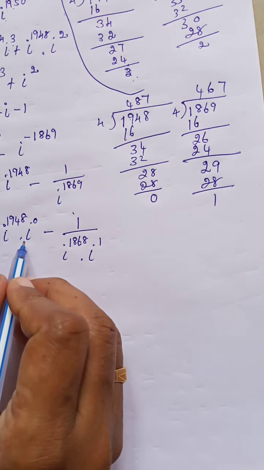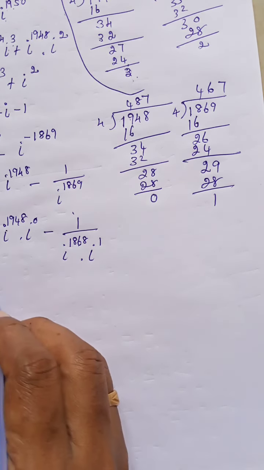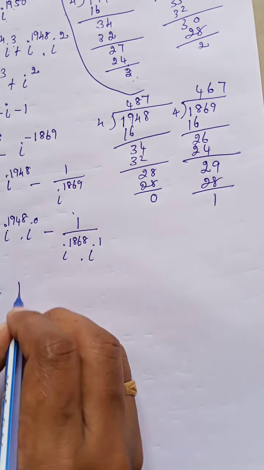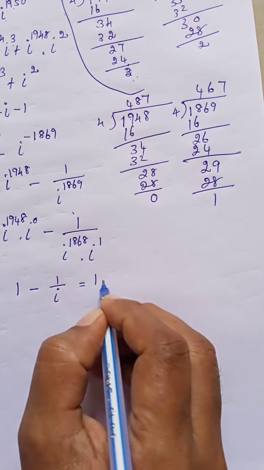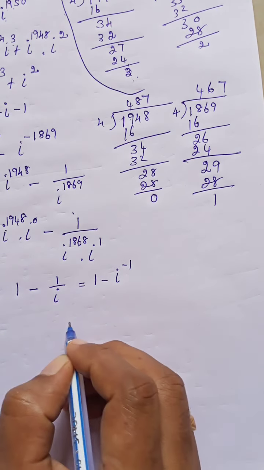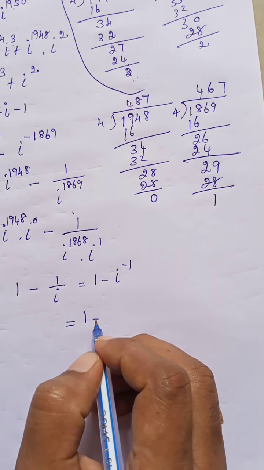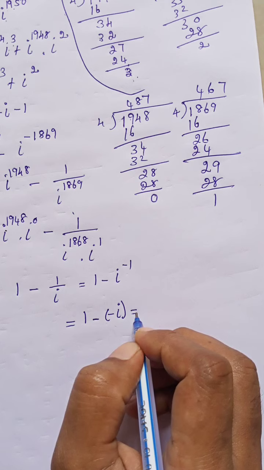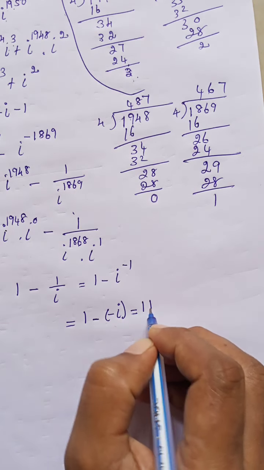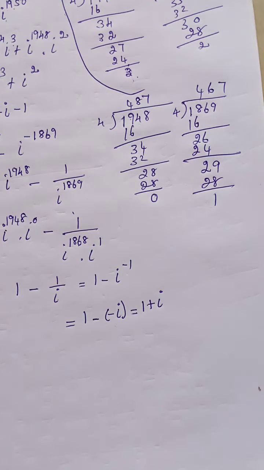Even without writing directly, you can write i power 0 minus 1 by i power 1. Okay. See, i power 0 is 1, minus 1 by i. Or even this is 1 minus i power minus 1. i power minus 1, what is the value we have found out? That is minus i. So we will get 1 plus i. Is that clear? This is 1 plus i.